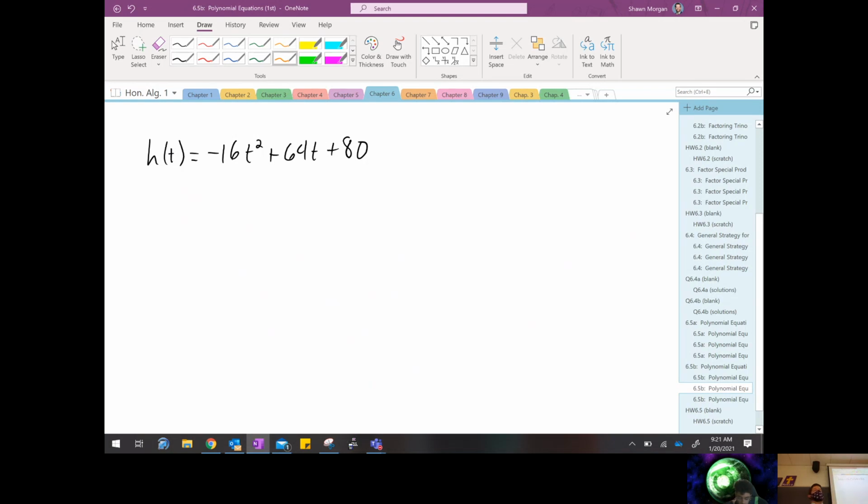Well, we know it's concave down because there's a negative right up front. The leading coefficient test. When that leading coefficient is negative, we know that it is going to be concave down. Go ahead, Nick. And is that a 69 or 64? 64. All right, so we know this guy's going to be concave down.